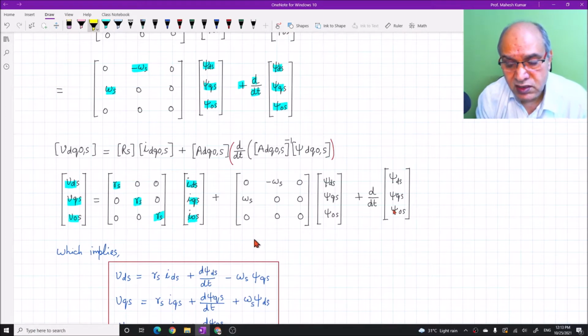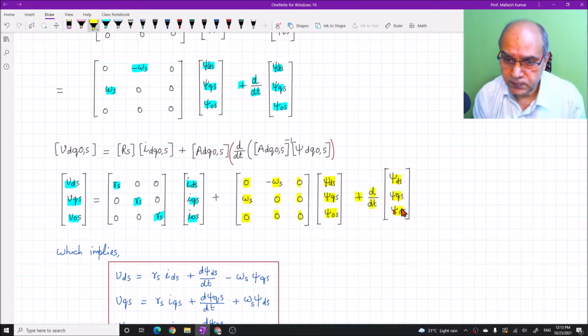So this is the Rs matrix, and then plus the derivative term, the flux term, which is equivalent to 0, minus omega s, 0, 0 and 0 0 0, this into psi ds, psi qs and psi 0s, plus d by dt of psi ds, psi qs and psi 0s.